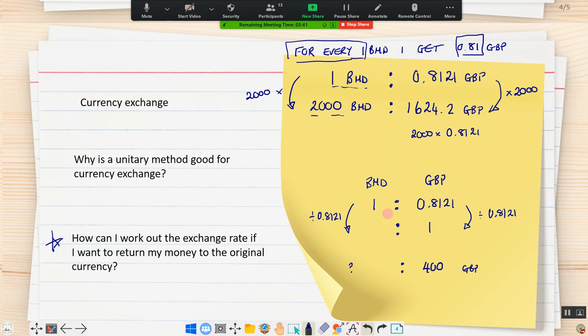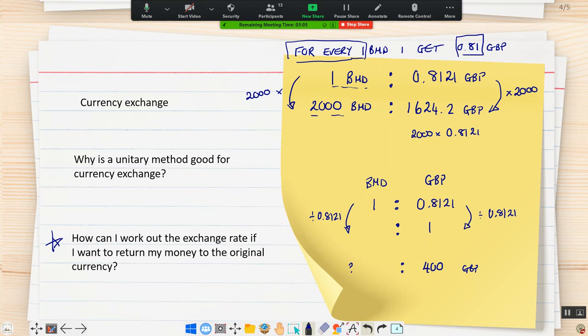Can you tell me if I do 1 divided by 0.8121? Are you working it out for me?